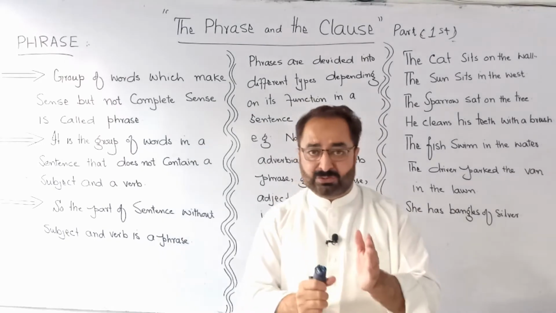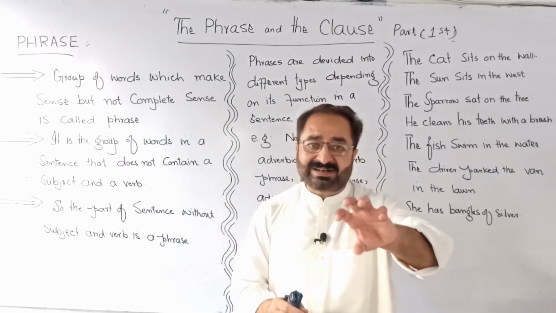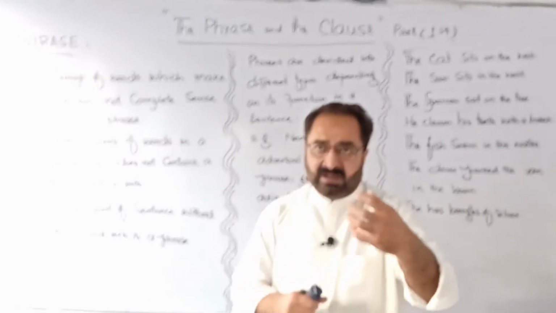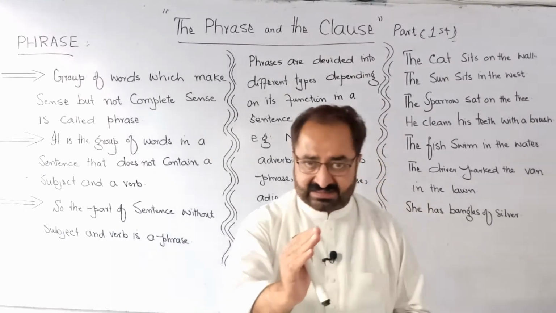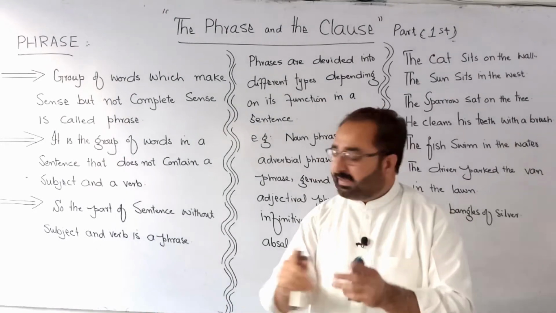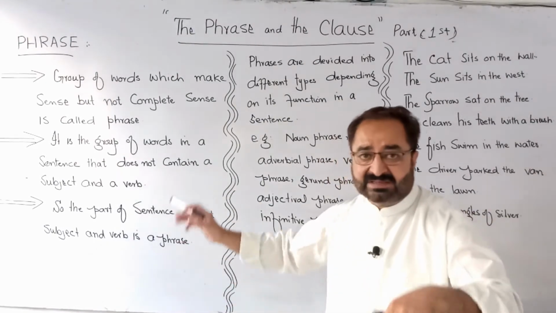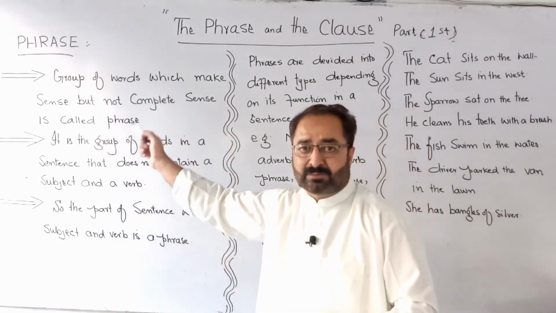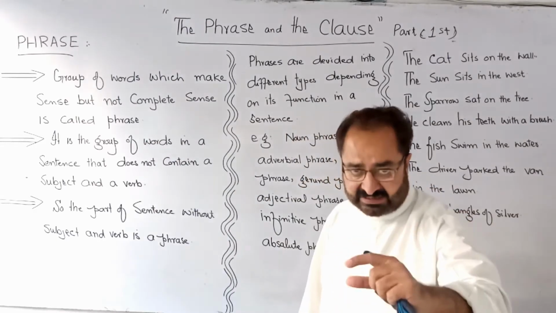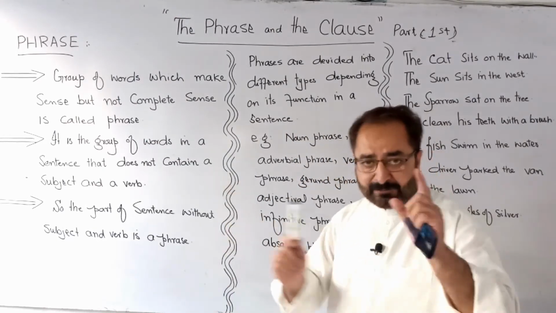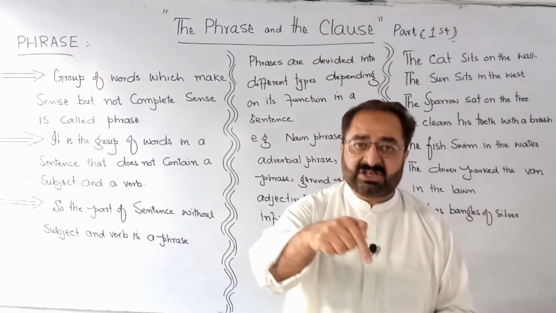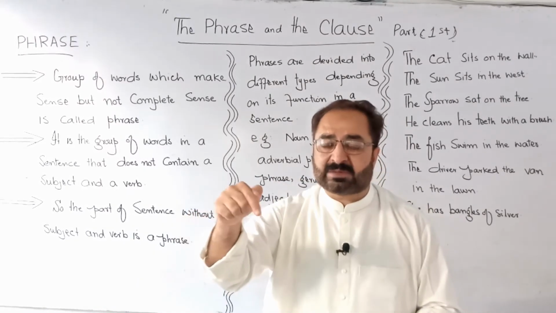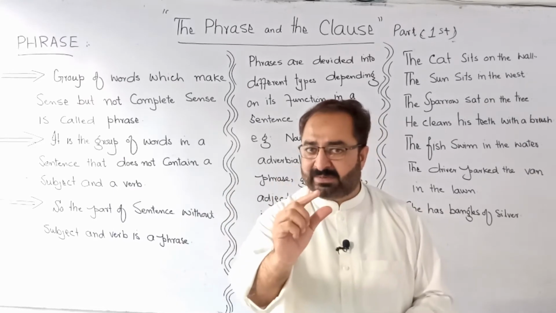Or sometimes in that group we use words regarding adjectives. By the same group I mean the group of words which doesn't have a subject and a verb. Simply we may say that in a phrase there is the use of an adverb, so that is called an adverbial phrase.